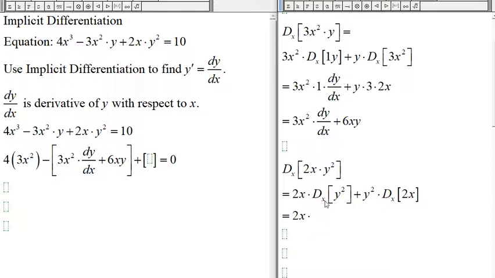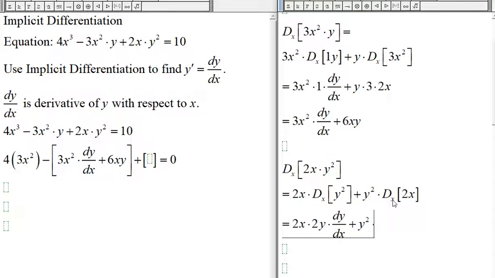This is derivative with respect to x, but the variable here is y, so we have to use the chain rule here. First do the derivative of y squared, which is 2y, times the derivative of the variable, which is dy dx. And then plus y squared.